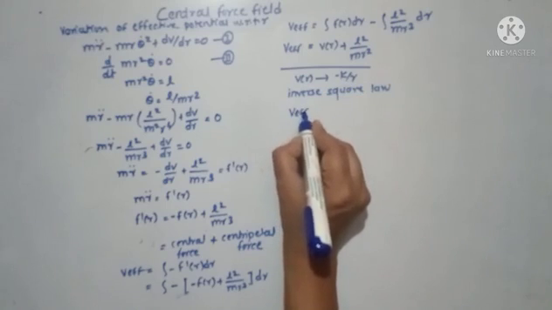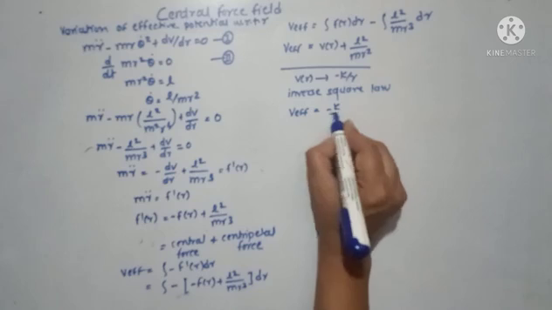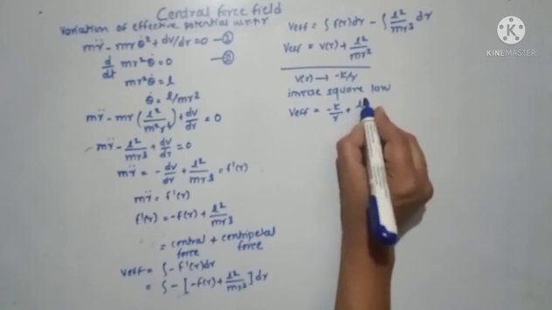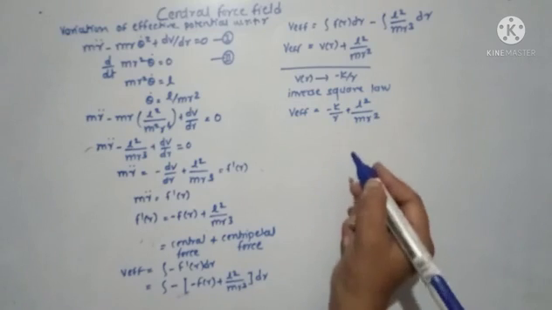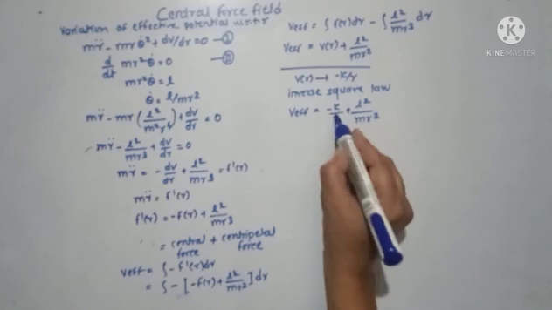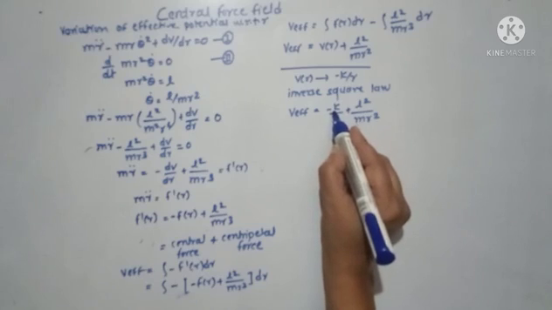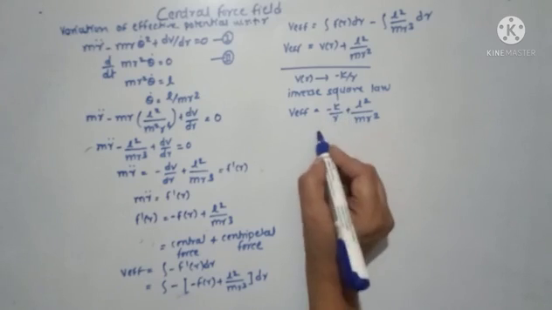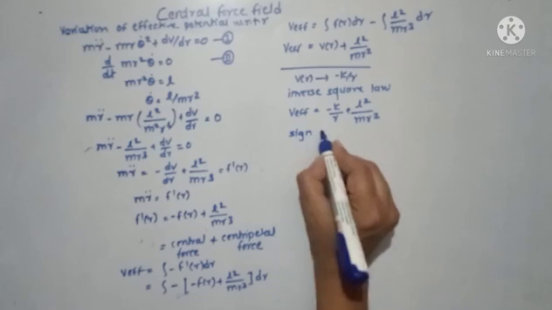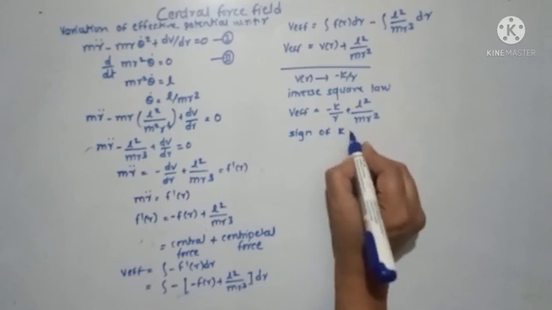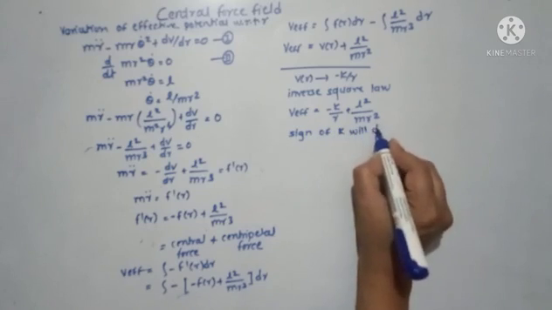So V effective is equal to minus k upon r plus L squared upon m r squared. Now this sign of k will decide the nature of the force.